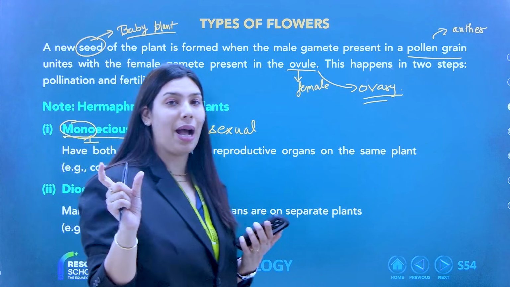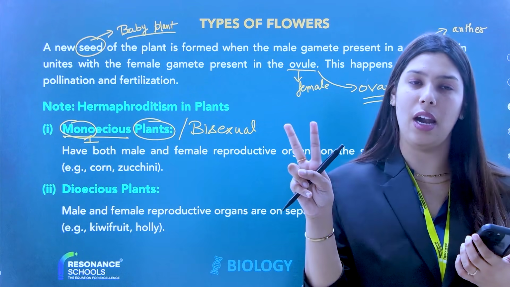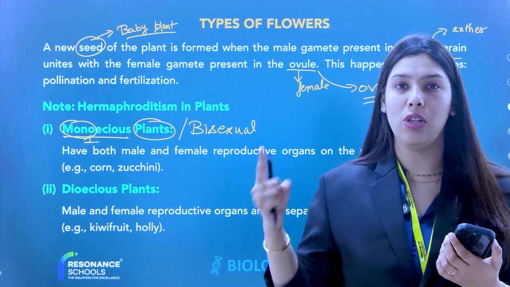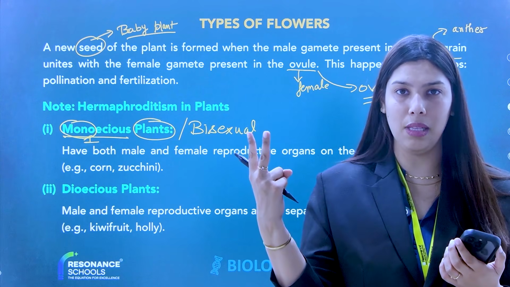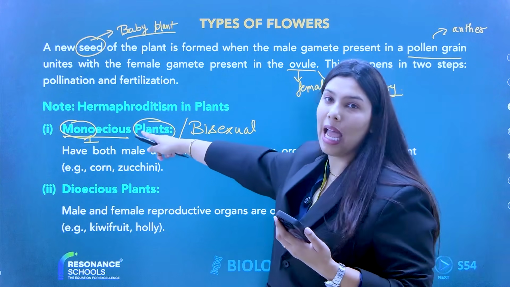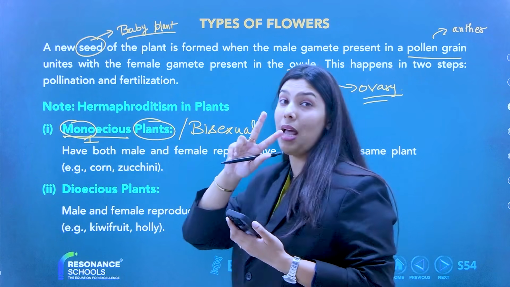When we talk about bisexual, we are talking about the reproductive organs, of which there are two. But when we talk about a monoecious plant, we are talking about the plant. So in terms of the organism we have given the name monoecious. Here we have given the name dioecious.